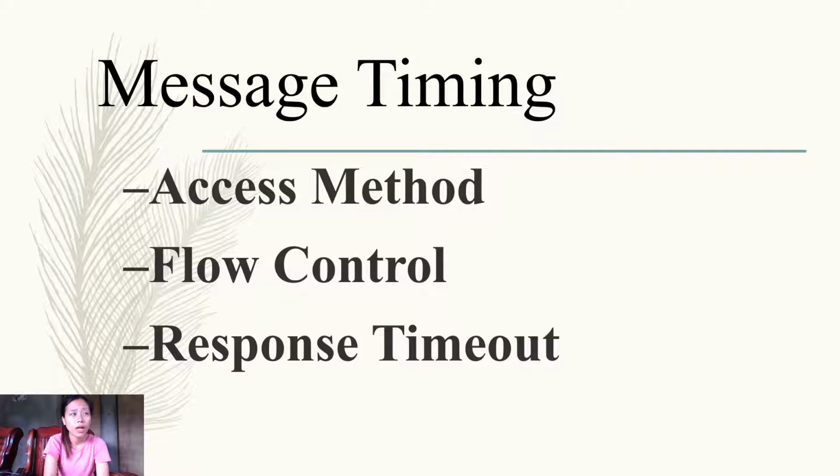Like in human communication, if one person talks too quickly, it is difficult for the other person to hear and understand what he or she is saying. So for the next one is response timeout.